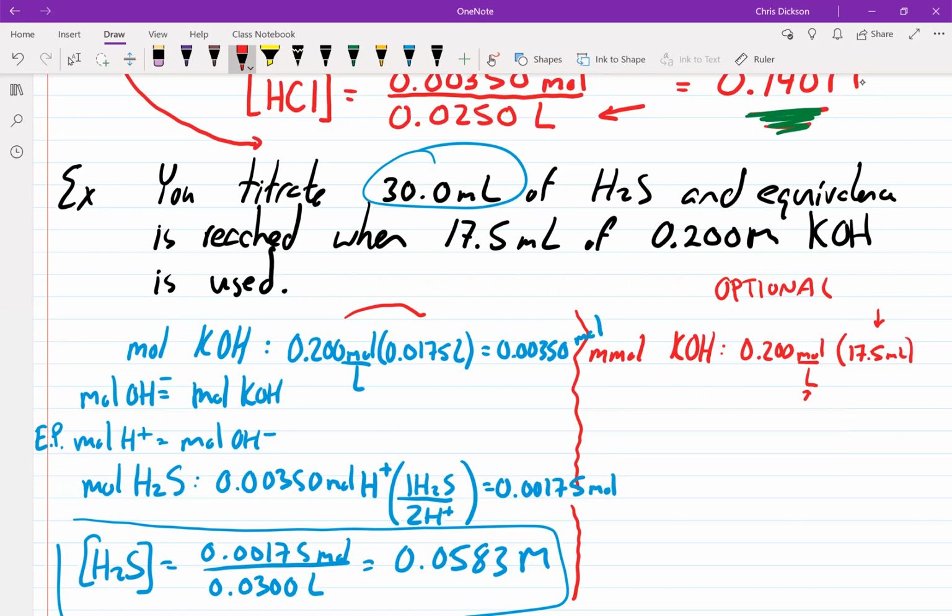But really, moles over liters would be the same as kilomoles over kiloliters. It would also be the same as millimoles over milliliters. So basically, as long as the prefixes are the same, they're the same.